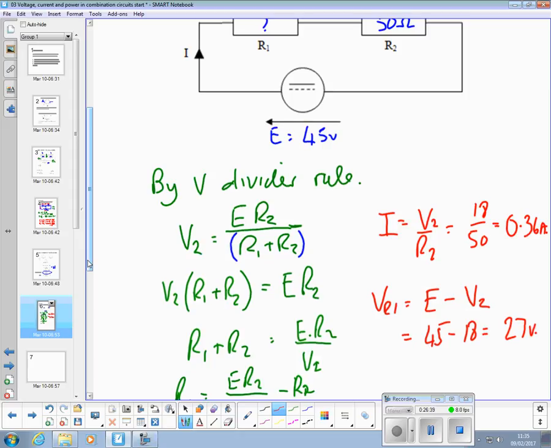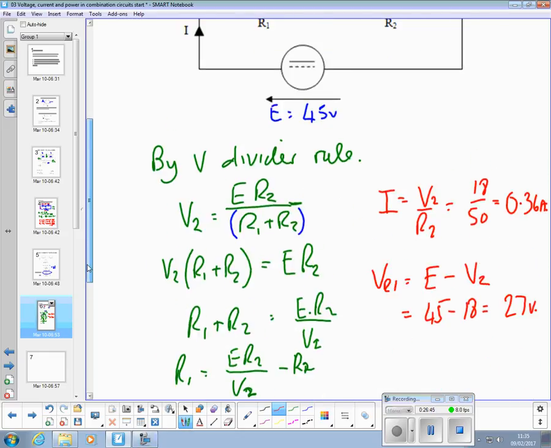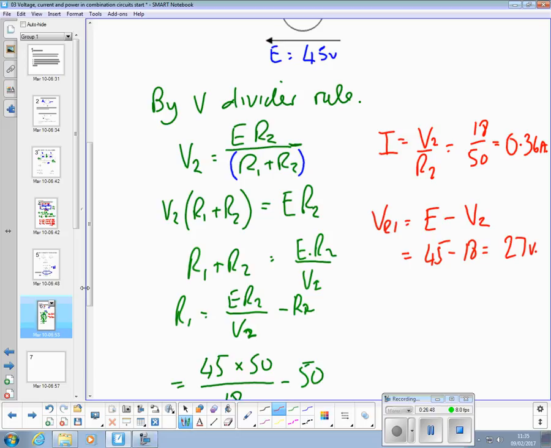And now we know that we've got 27 volts across there, so we can use Ohm's law with the current we calculated in the first part. We can say R1 is equal to 27 over 0.36 equals, and the answer, to three significant figures, is 75.